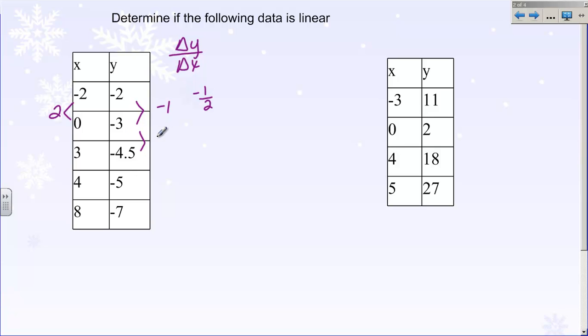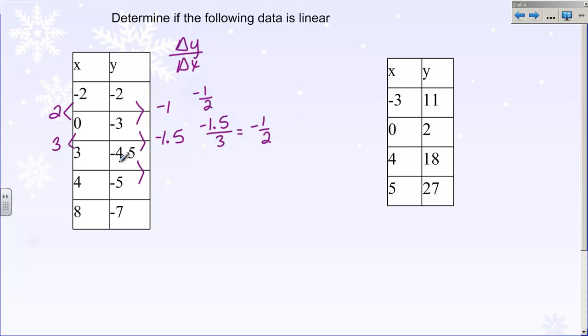From -3 to -4.5 is a change of -1.5. And from here to here is a change of 3. So that is a slope of -1.5 over 3. These don't look the same, but if I pull out my calculator and I divide this and I simplify it down, I will get that it reduces to -1/2, which is the same slope. So so far so good.